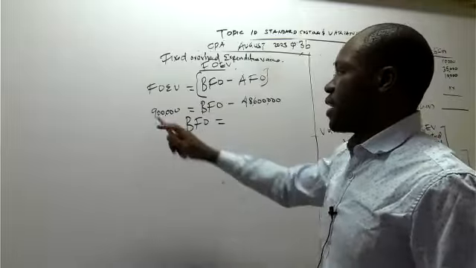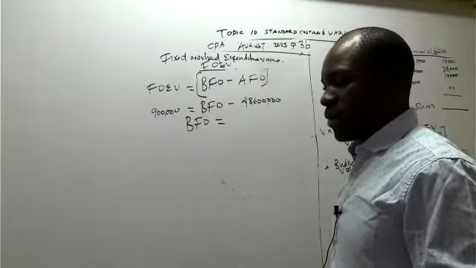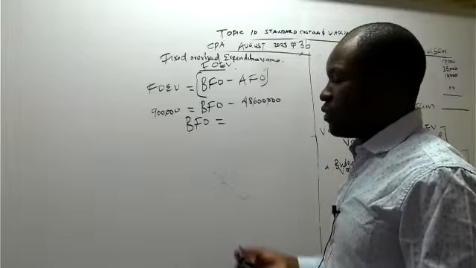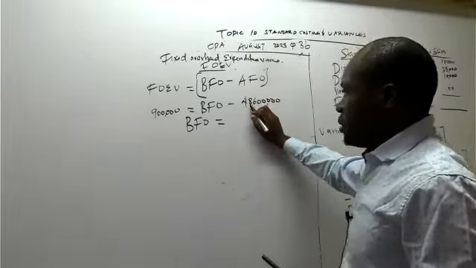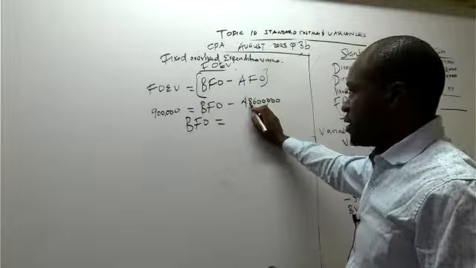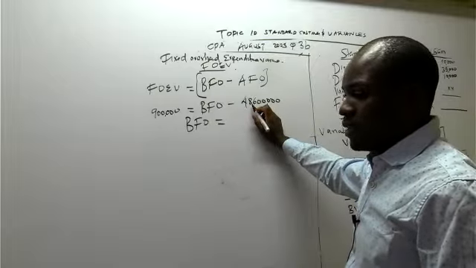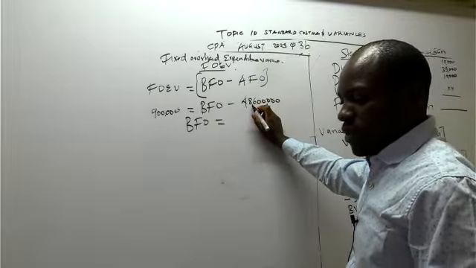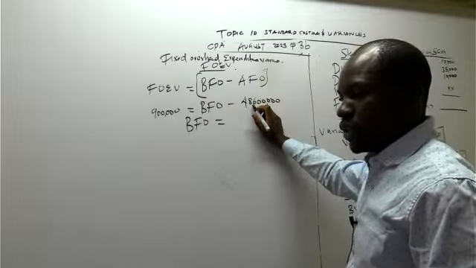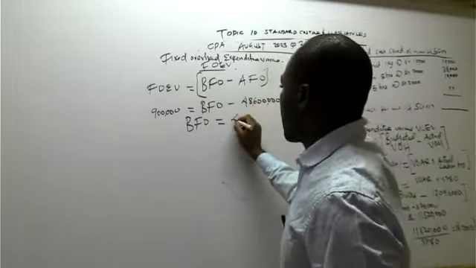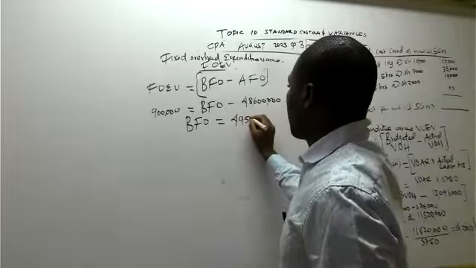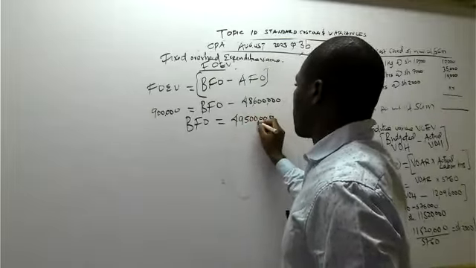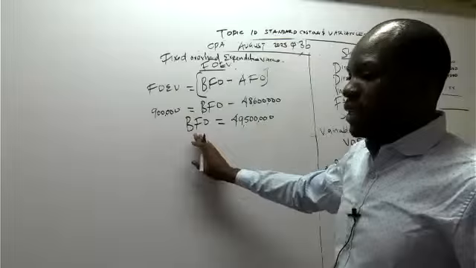So this one here plus 900,000, what do we get? It must be more than 48,600,000. If you get anything less than this, you are wrong. So it is 49,500,000. Budgeted fixed overhead.